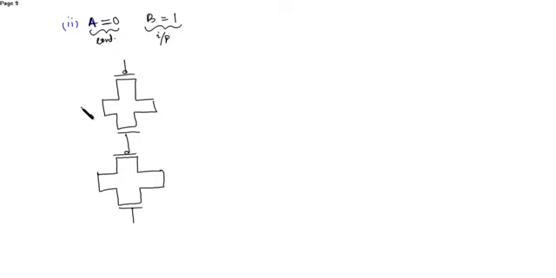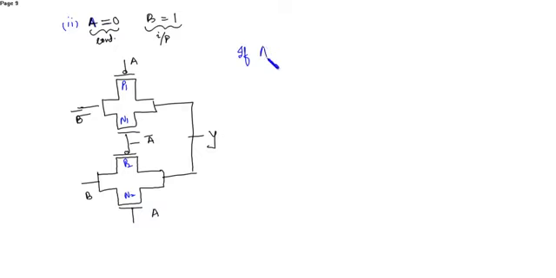This input is B bar, and this input is B. Similarly, this is A bar, and this is A. Here is the output Y. So now this is P1, N1, P2, and this is N2.